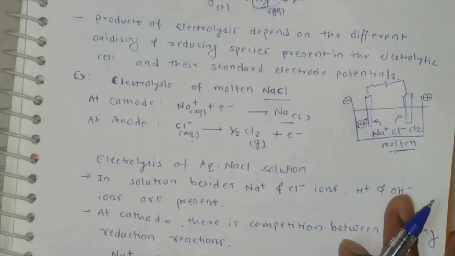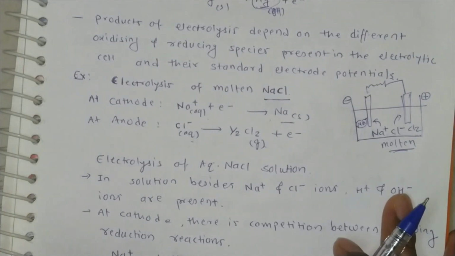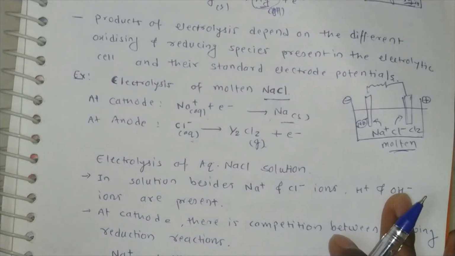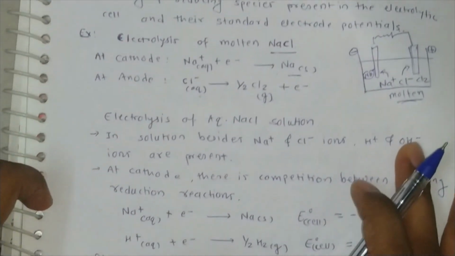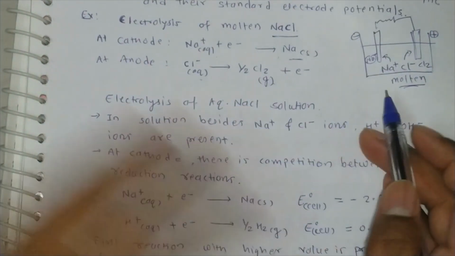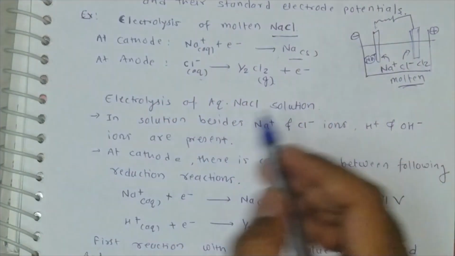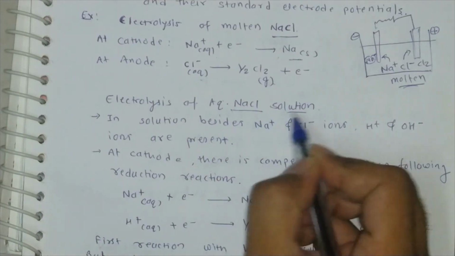Now what if we use aqueous NaCl instead of molten NaCl? If we carry out electrolysis of aqueous NaCl, what will happen?